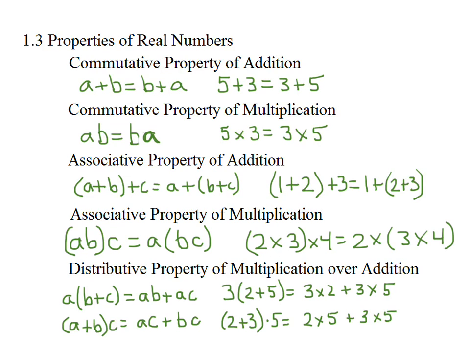Like if I want to take 3 times (2 plus 5), I can say 3 times 2 plus 3 times 5. Now when you have small numbers like this, obviously the easiest way is just 3 times 7 rather than saying 6 plus 15, but we'll find that when we're dealing with variables, this is a convenient property.